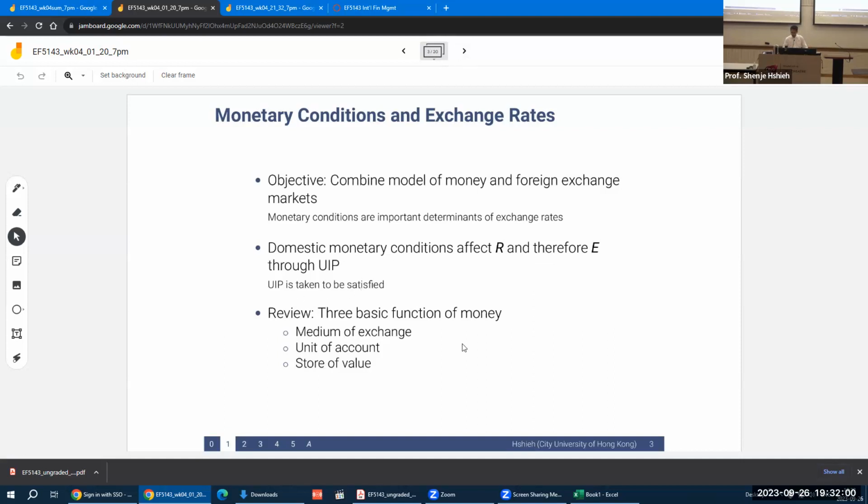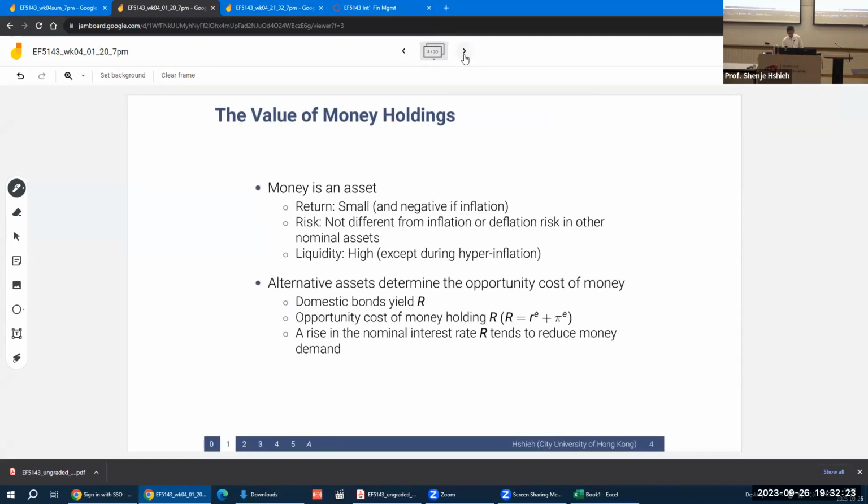We're going to figure out how R is determined, and then ultimately how R influences E. We did that exercise last week: changes in R will distort UIP, carry traders come in, and that clears the market. So the objective is to talk about how the money market clears.